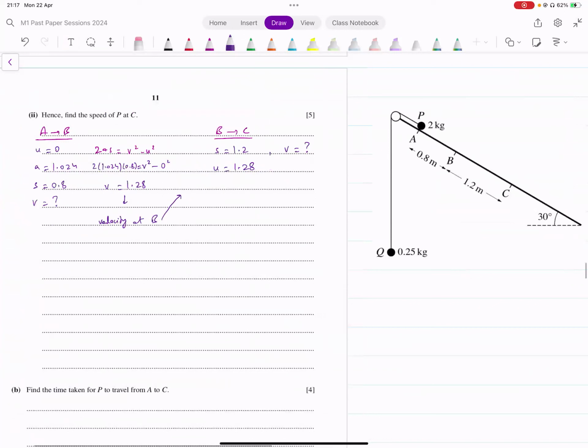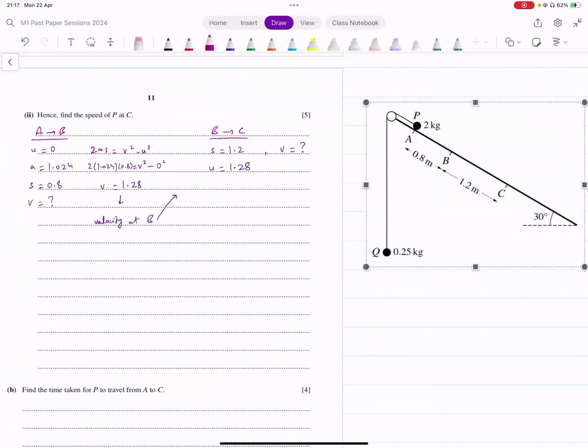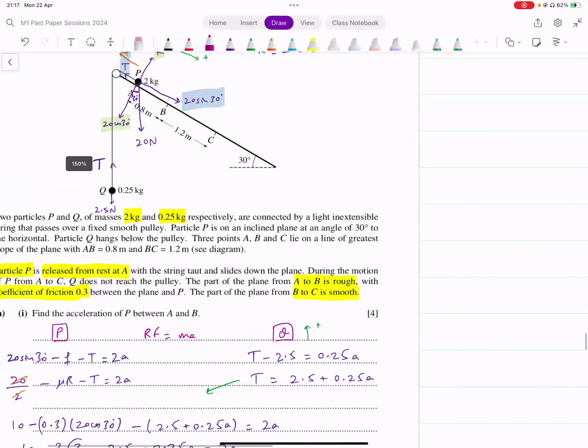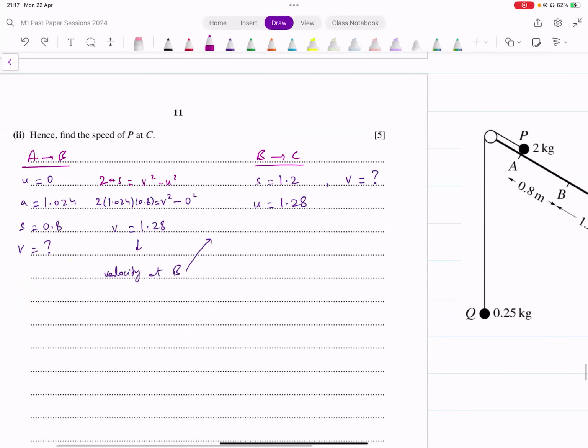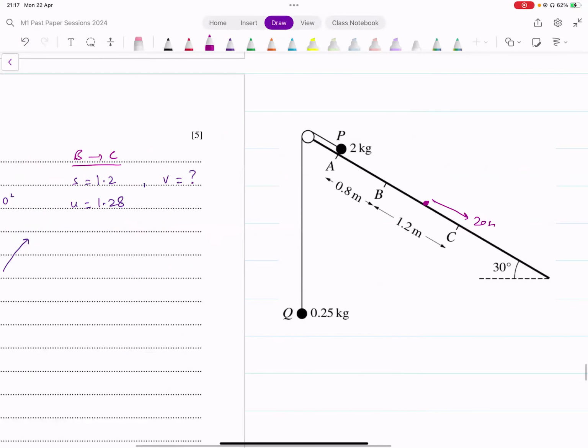What are the forces? So when P reaches this point, what are the forces acting on the particle P? There's weight component acting in this direction, just like before. What was that? That was 20 sine 30. That is still acting here. 20 sine 30.